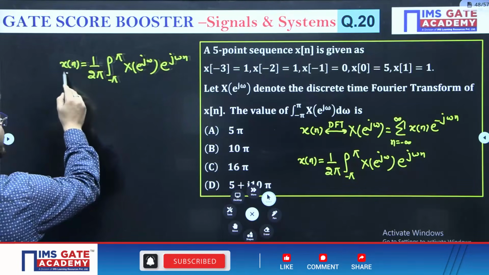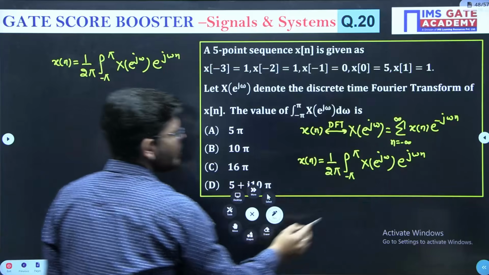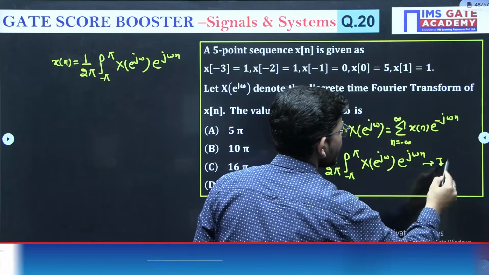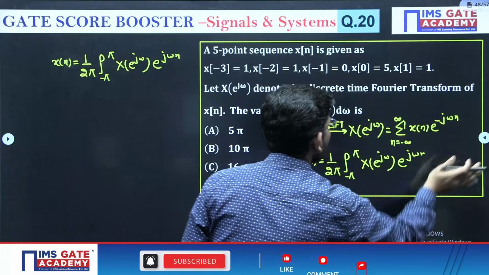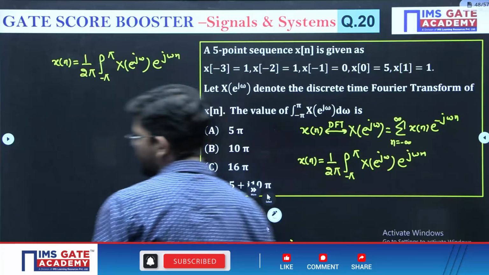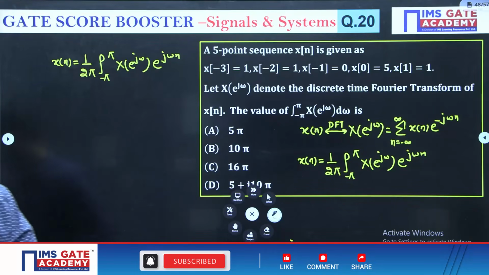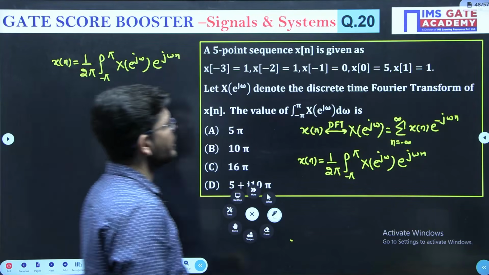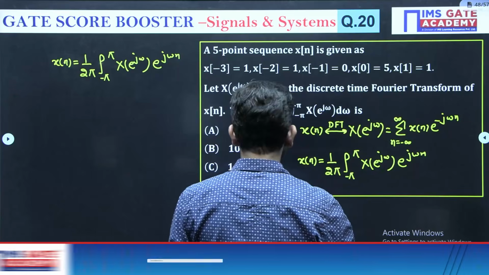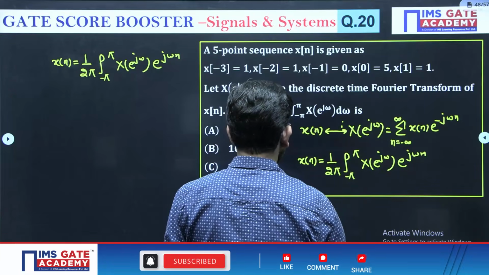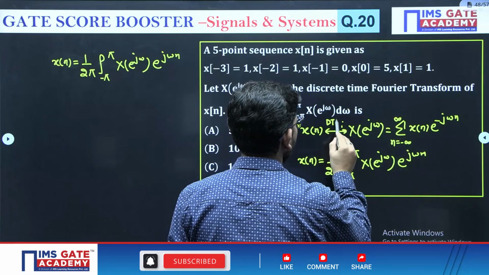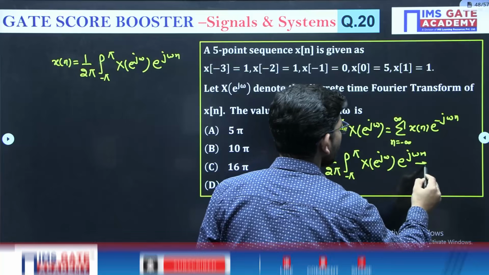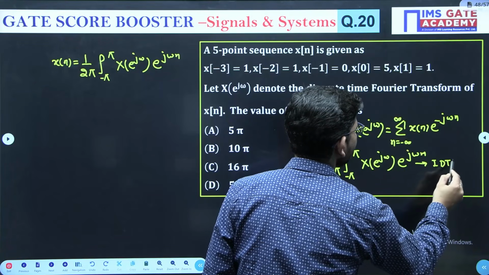Okay. In this inverse DTFT formula, this is the formula for inverse DTFT, right? Now let us take the help of this formula. This is DTFT, not DFT, right? And this is the formula for inverse DTFT.